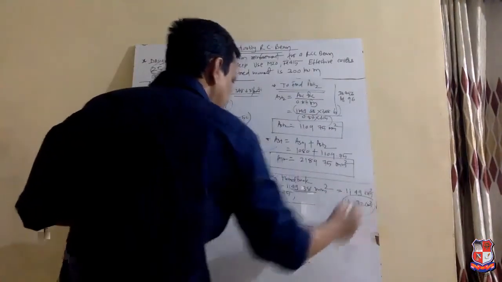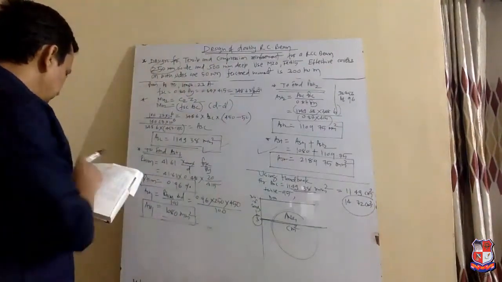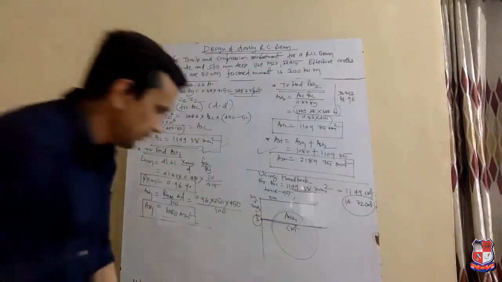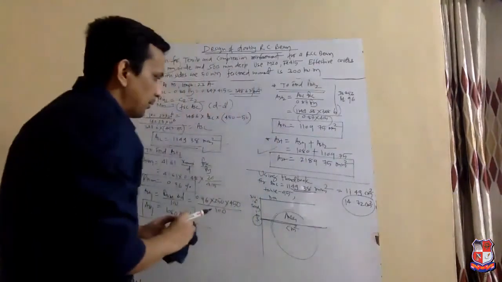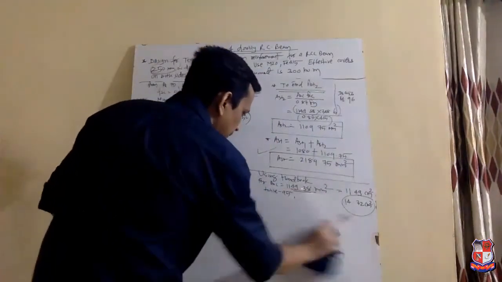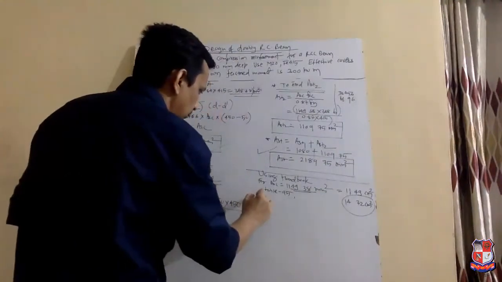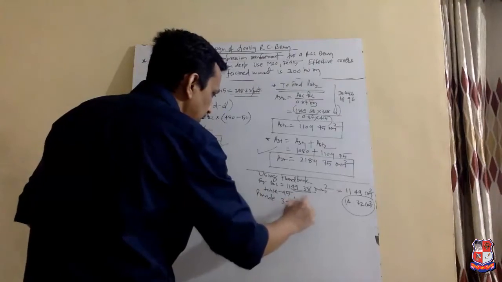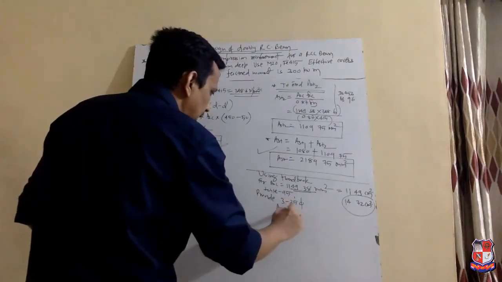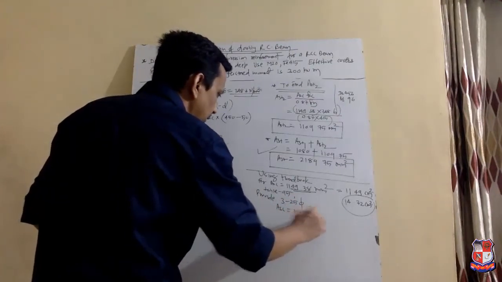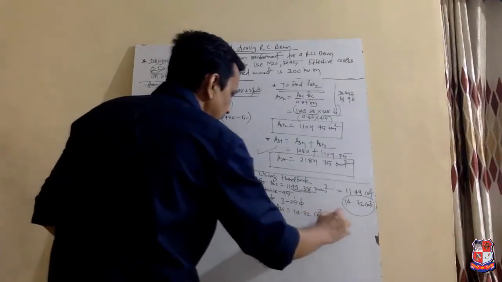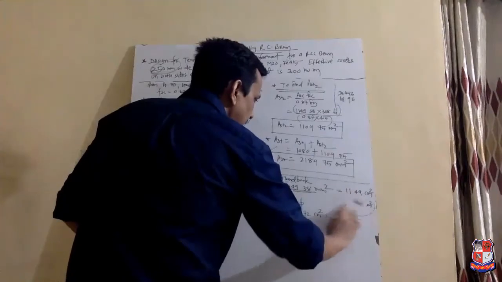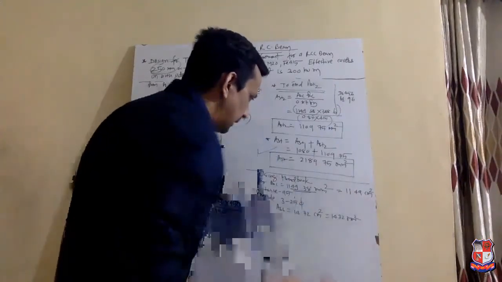14.72 centimeter square, and that is 3 number 25 mm dia. So in this way, what we provide is 3 number 25 dia having ASC 14.72 centimeter square, equal to 1472 millimeter square.